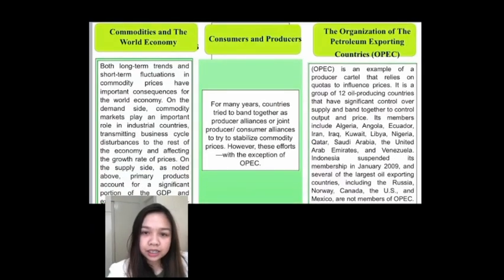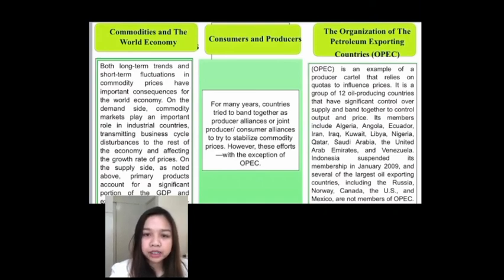The Organization of the Petroleum Exporting Countries is an example of a producer cartel that relies on quotas to influence prices. It is a group of 12 oil-producing countries that have significant control over supply and band together to control output and price.